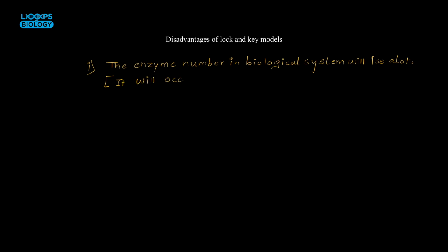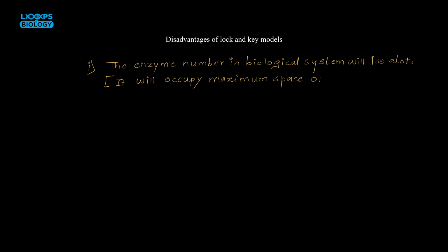First case, the enzyme number in the biological system will increase a lot, right? Whenever the enzyme number in the biological system increases a lot, the complete space of the ground substance will be occupied by the enzymes. So they will occupy maximum space.